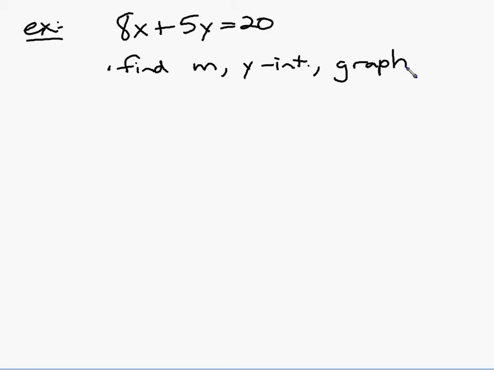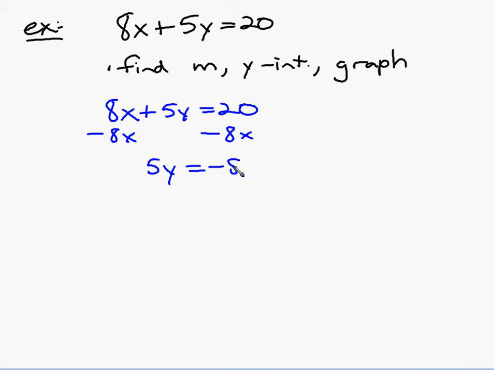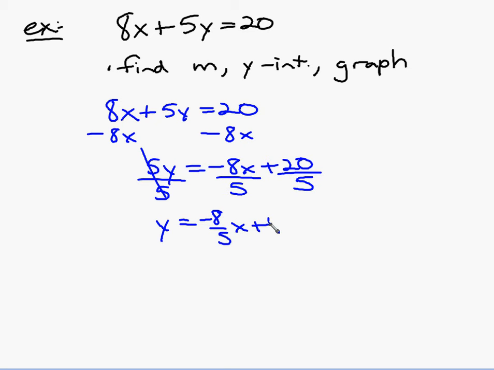We got to get the y by itself and get it into slope-intercept form. I think you know how to do that. 8x plus 5y equals 20. I would subtract 8x. I'm going to work quickly because this is basic algebra. 5y equals negative 8x plus 20. I would divide everything by 5, and I would have y equals negative 8/5 x plus 4.